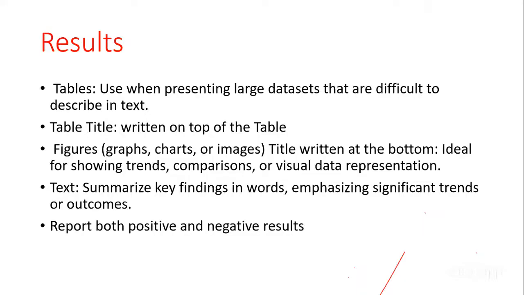Okay. Use tables when presenting the data, and describe it in text. Title written on top for tables; graph, figure, image titles written at the bottom. Okay. Text summarizing key findings in words, visualizes the trend of outcomes. Report both positive and negative results.